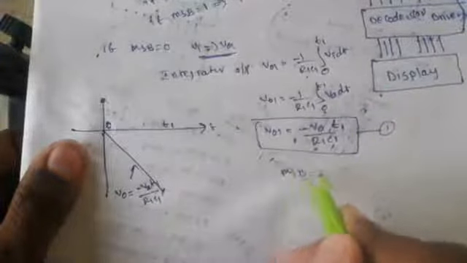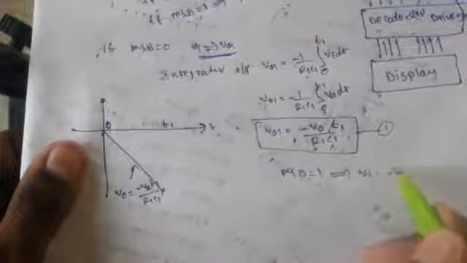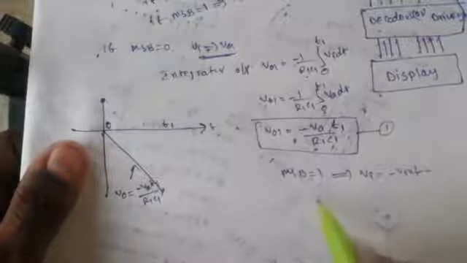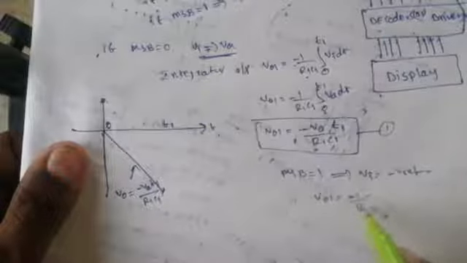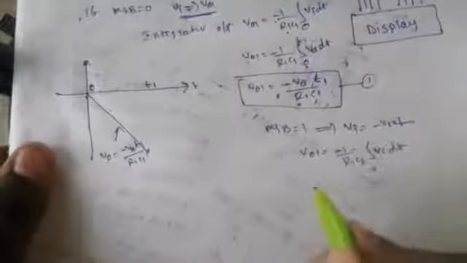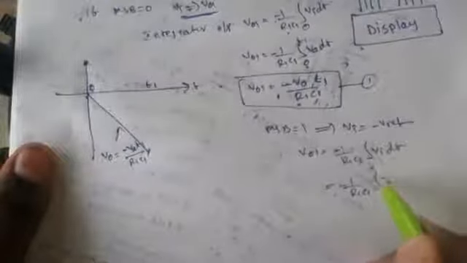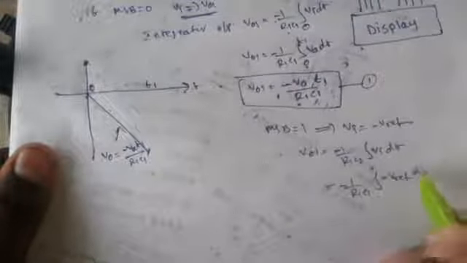Then whenever the MSB bit is 1, the input will be connected to the minus V reference voltage. Then the output voltage is equal to minus 1 by R1 C1 into integral Vi into dt. In the Vi place we will connect the reference voltage. Then minus 1 by R1 C1 into integral of minus V reference into dt. Minus into minus gives plus.